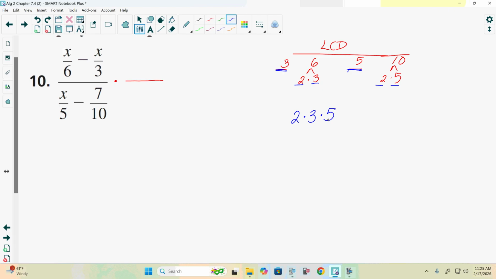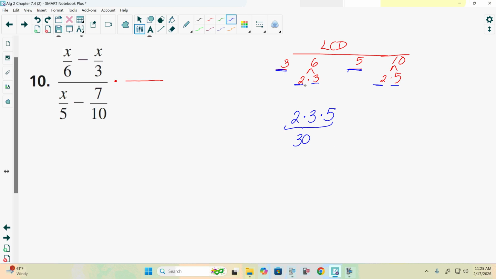once. So really the least common denominator is going to be 2 times 3 times 5. 2 times 3 is 6, and 6 times 5 is 30. So the least common denominator, yes. There are 2 2's, yes.